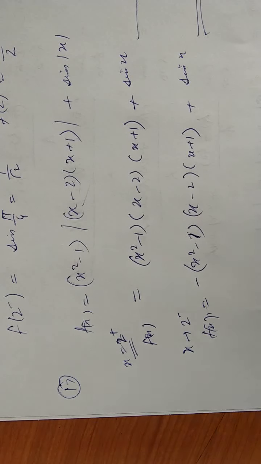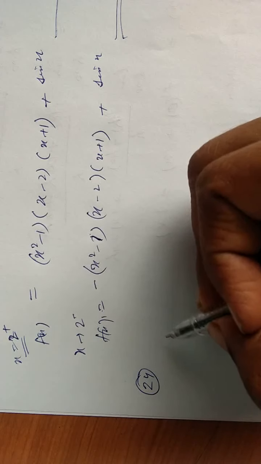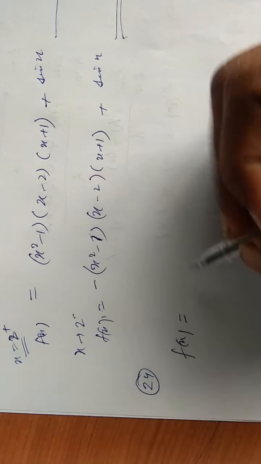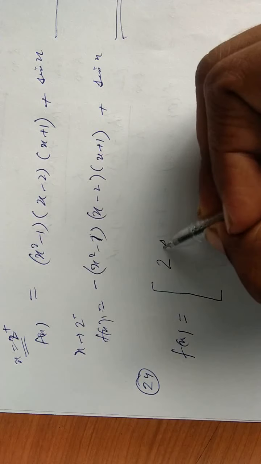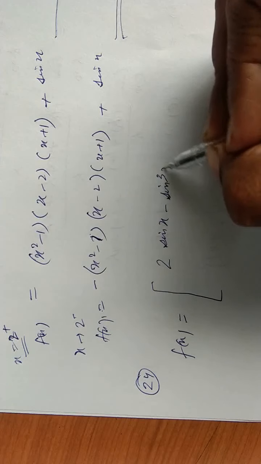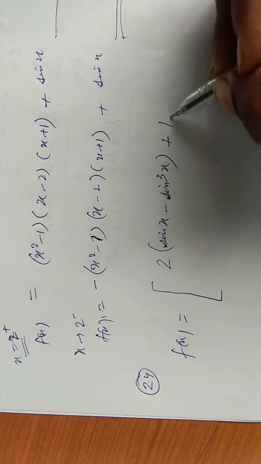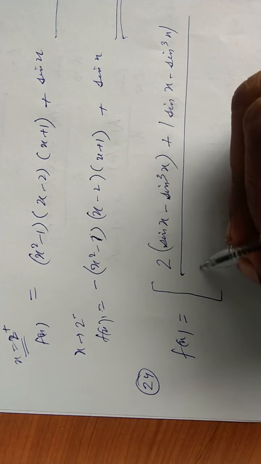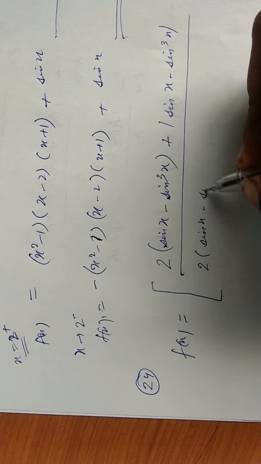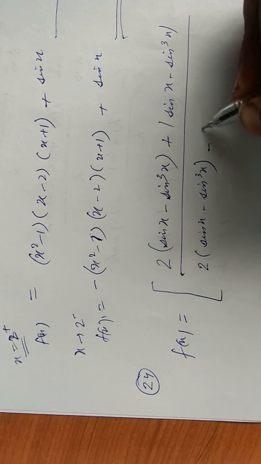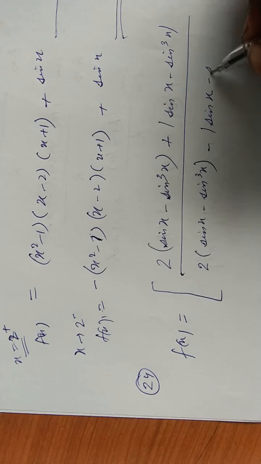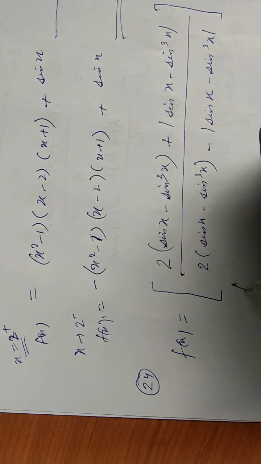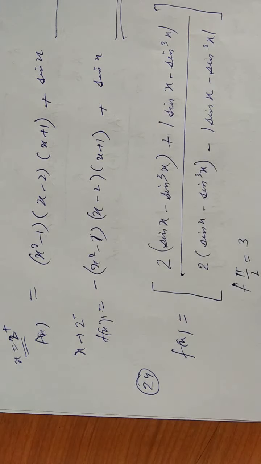So question number 24 says f(x) is equal to box of 2 times sin x minus sin cube x plus mod of sin x minus sin cube x, upon 2 times sin x minus sin cube x minus mod of sin x minus sin cube x, box, and f of pi by 2 is equal to 3.